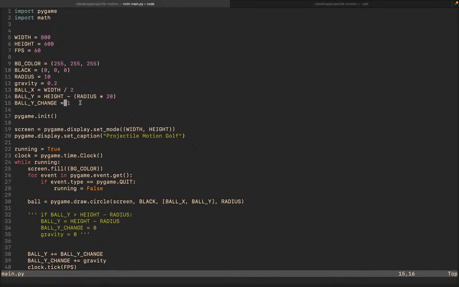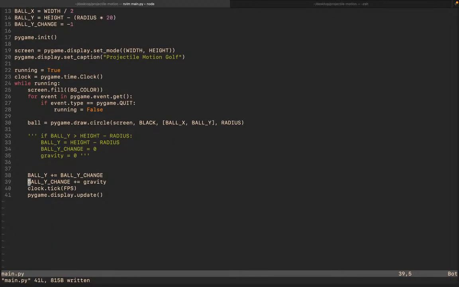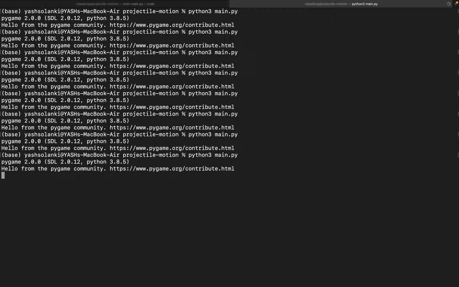So in reality, this should technically just be negative. What just happened? So that should be -1, and if I just get rid of gravity for now, then technically the ball should be going up.